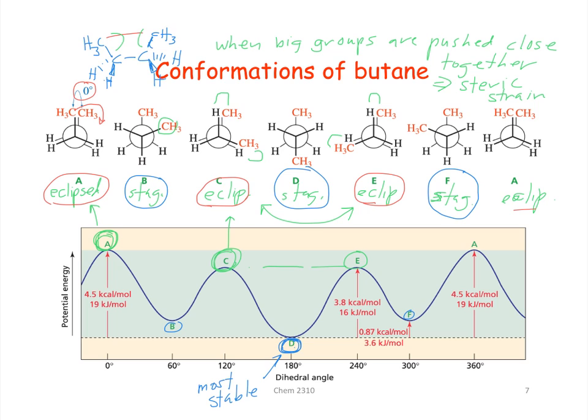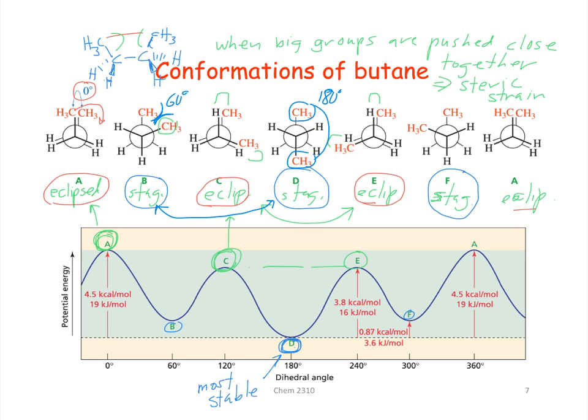So let's compare B and D. All right, so here's B and here's D. Let's look at their two structures. In B, notice that the two methyl groups here are only 60 degrees apart. Whereas in the most stable conformation, the two methyl groups are opposite of one another at 180 degrees apart.